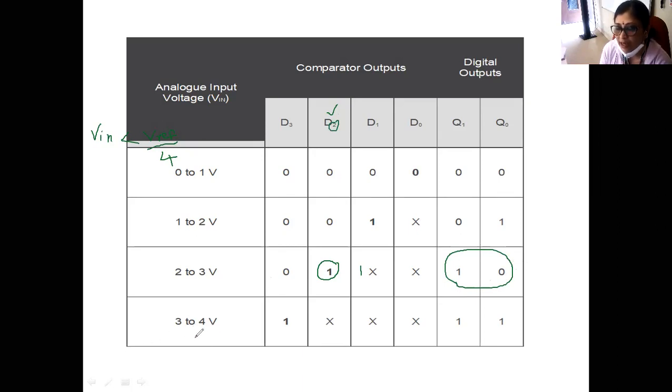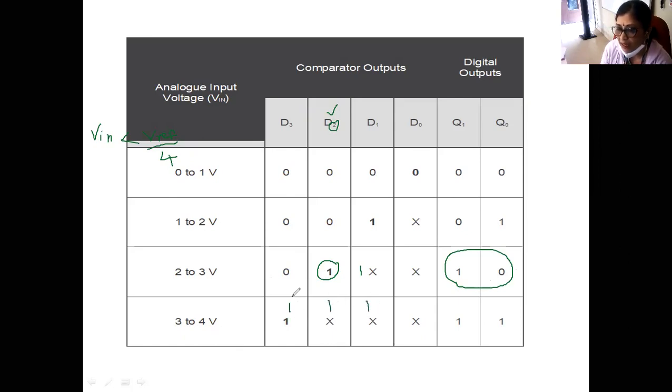Now, what is the last entry? The last entry is that if the input voltage is greater than 3 V reference by 4, that is, it is between 3 V reference by 4 and V reference, then all the comparators will have output equal to logic 1.